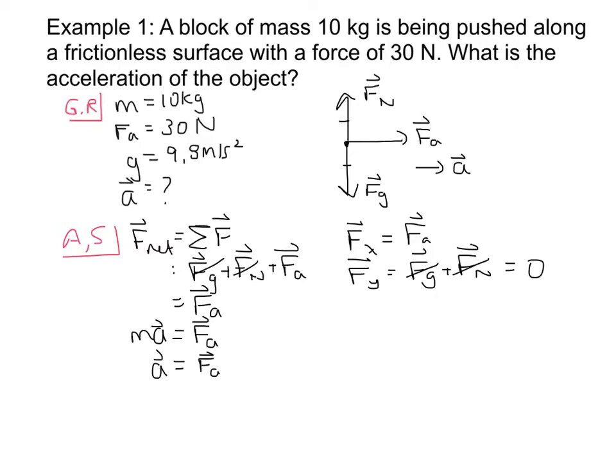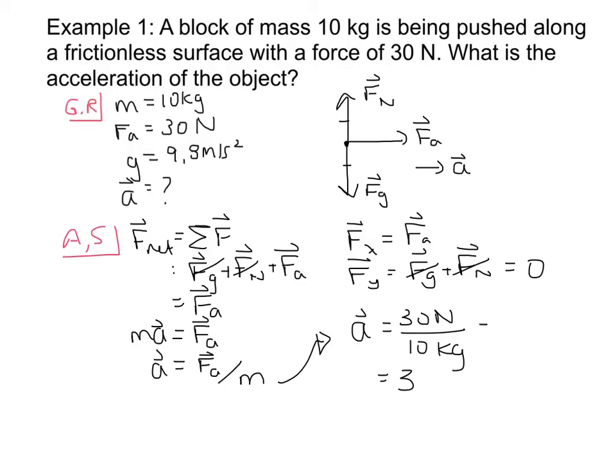So we have the applied force divided by the mass. If we plug in some numbers, acceleration is 30 newtons divided by 10 kilograms, which is 3 newtons per kilogram.